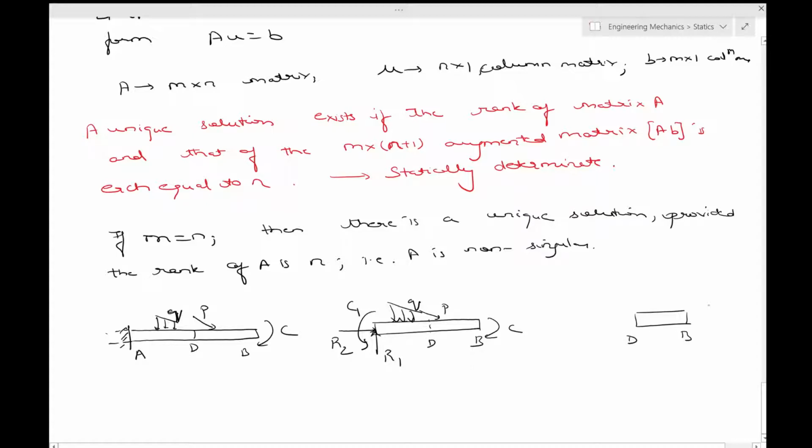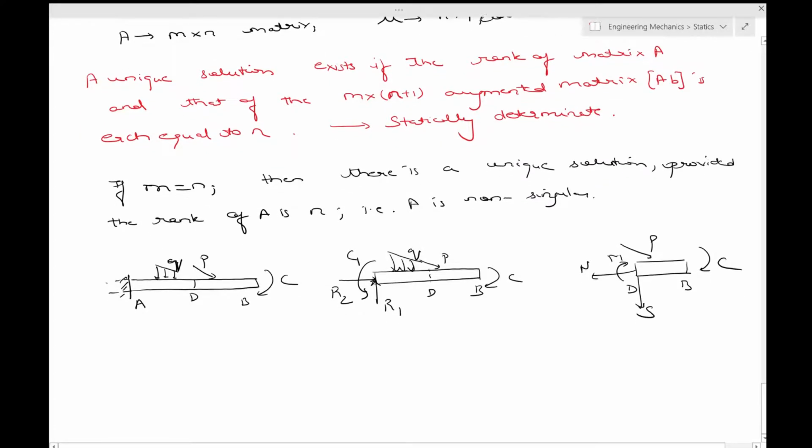You have C, and then P comes up like this, and over here you have the internal forces, shear, normal, and moment. So this is an example of a statically determinate system.